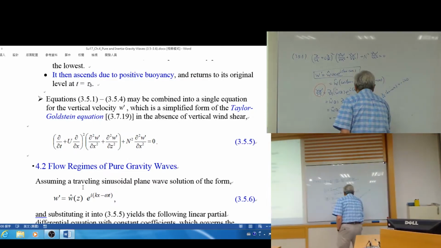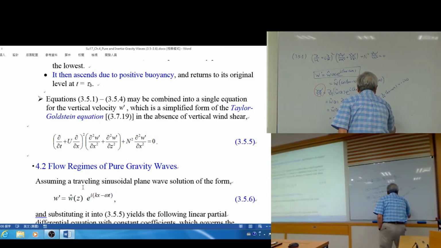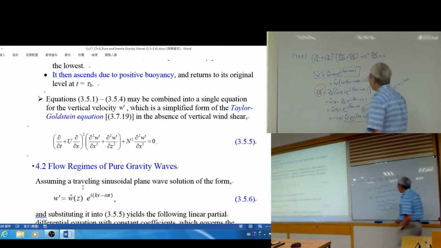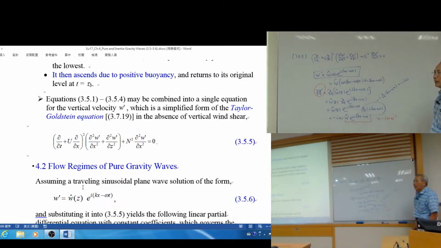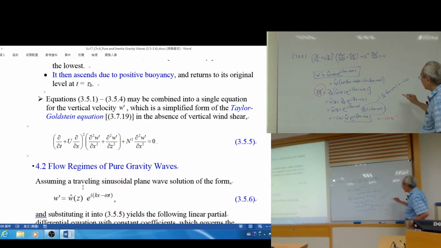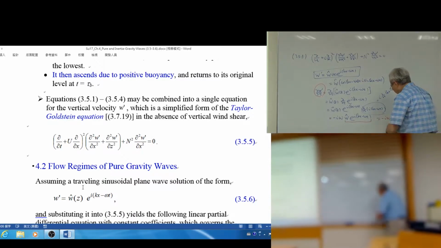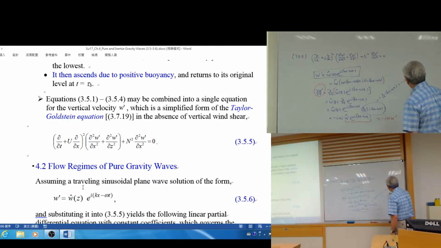So this equals negative i omega w prime. You do the same for w prime dx, which will equal ik w prime.